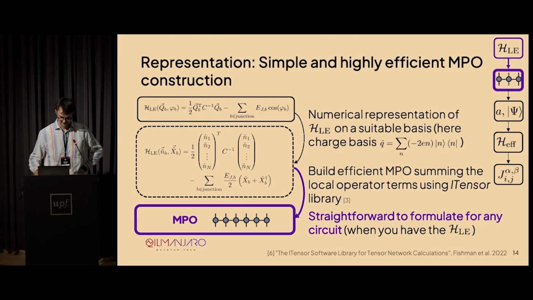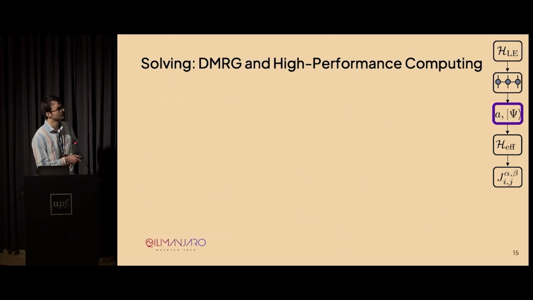And then I also want to talk a bit about the next step, the eigenvalues and eigenvectors. So we need to solve this MPO now to get these.